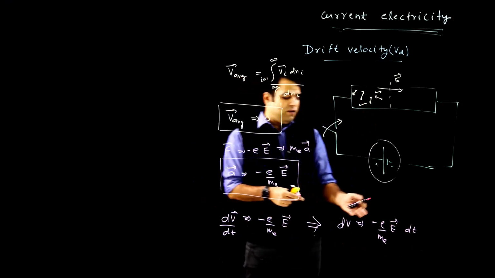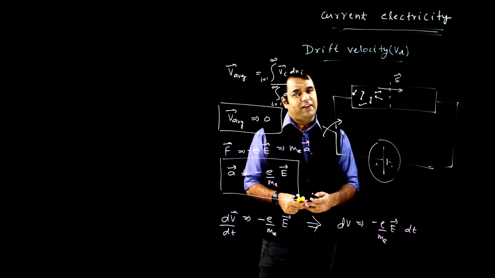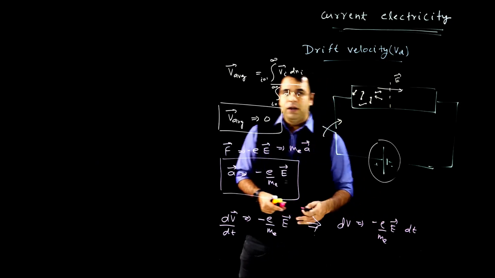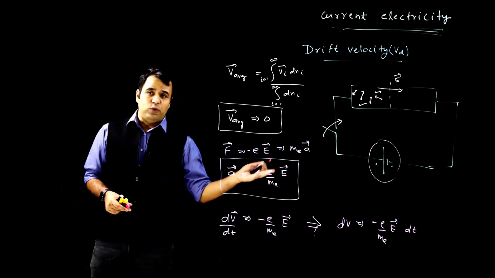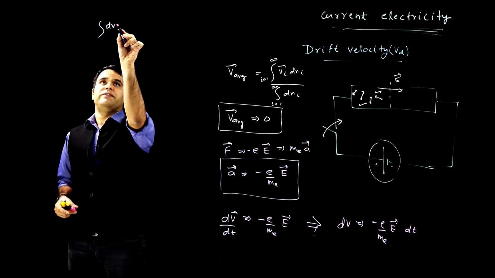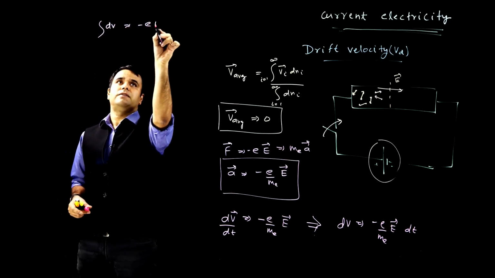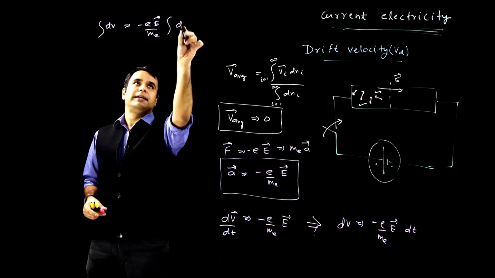Each and every electron will have the same charge, the same mass, and will experience the same electric field, so all these values will be the same. Now to calculate the change in velocity or the final velocity for these electrons, we have to integrate that equation. So it will be the integration of dv, and that is equal to minus eE upon me times the integration of dt.